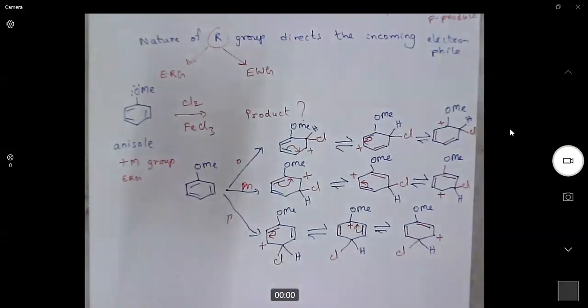Now, when you look at these three possibilities, we need to identify the stable intermediate. Then we can easily predict whether it gives ortho product or meta product or para product.